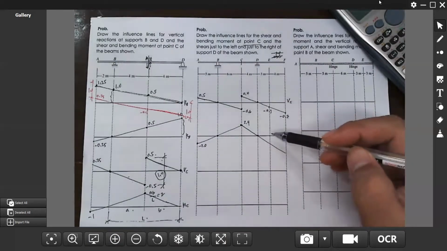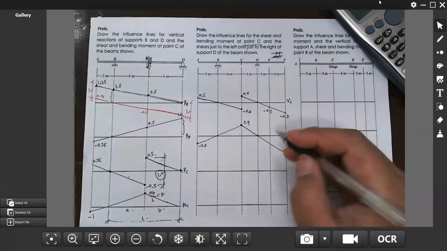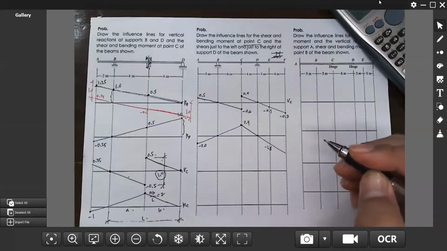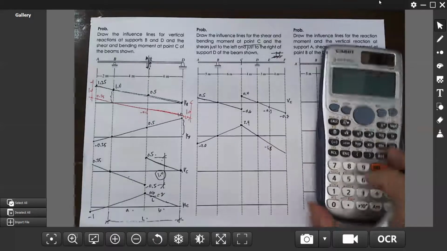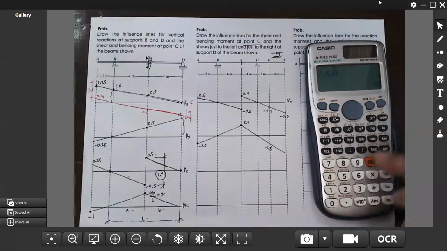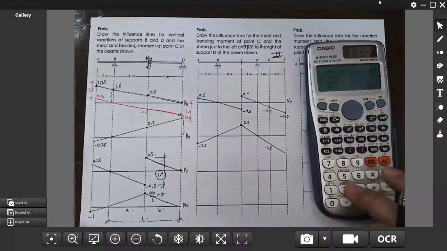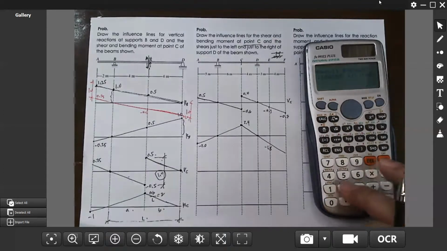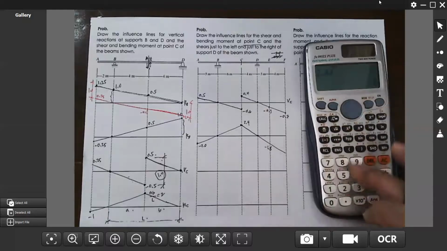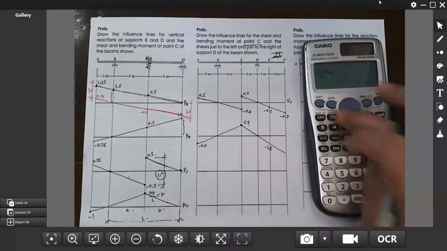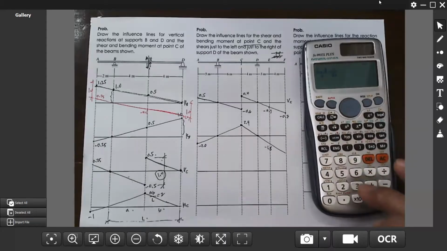2.4 is to 4. Blank is to 3. So it's negative 1.8. Sakto man siguro. It's 2.4. 4. Sorry. 2.4 is to 4 equals x is to 3.